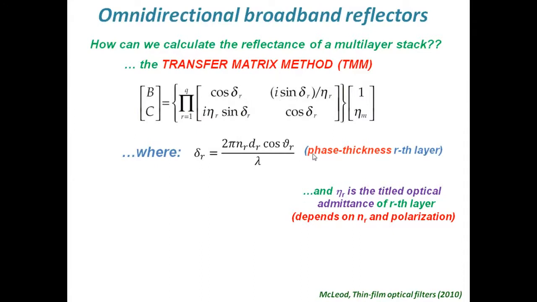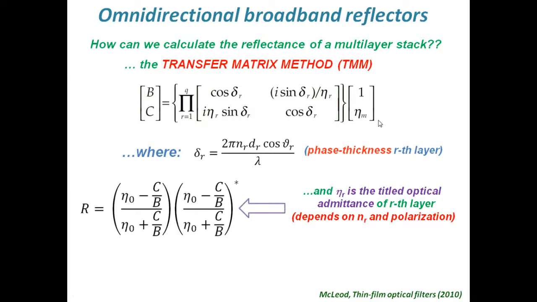Delta r are the phase thicknesses for the r-th layer, and n r is the refractive index of this layer. d is its thickness, theta is the propagation angle in this layer, and lambda the wavelength. Eta r is the optical admittance, which also depends on n r and polarization. This is the optical admittance for the substrate.